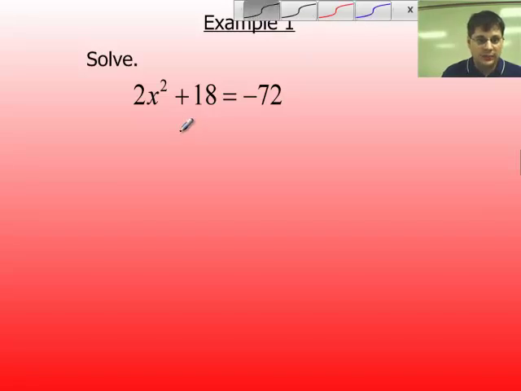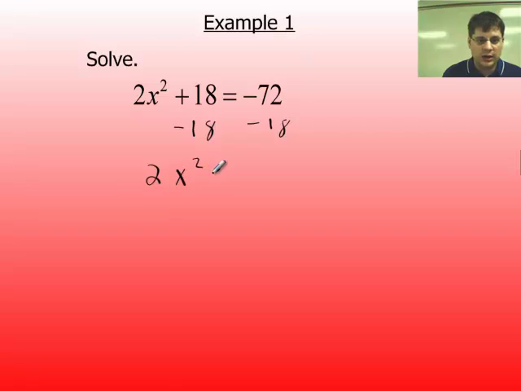We'll subtract 18 from both sides. That's going to leave me with 2x squared equals -90. Then we'll divide by 2 on both sides, and therefore x squared is equal to -45.